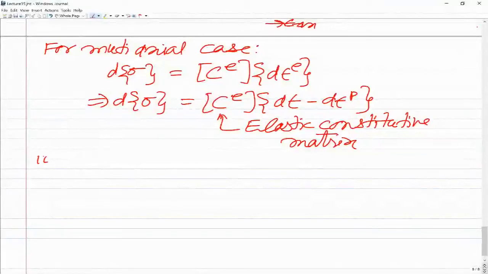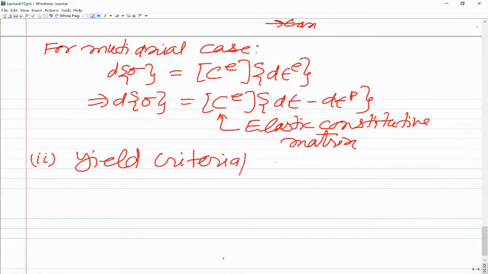Then the second thing you need in elastoplasticity is the yield criteria, or we also call that simply the yield function. Of course, the onset of yielding happens at sigma y naught in uniaxial loading.